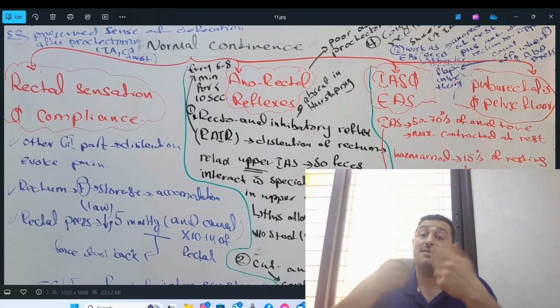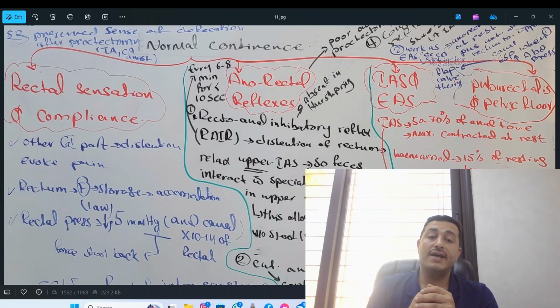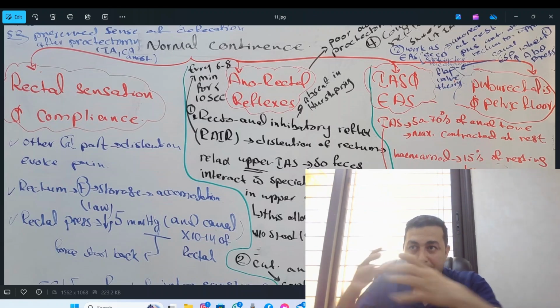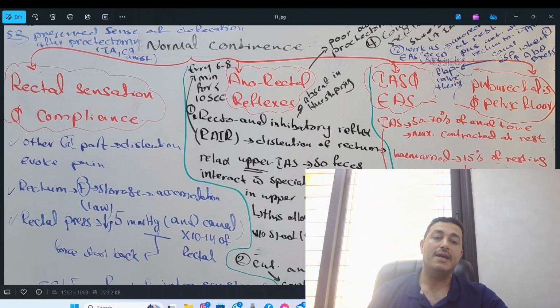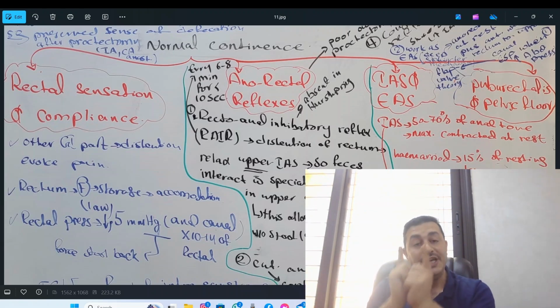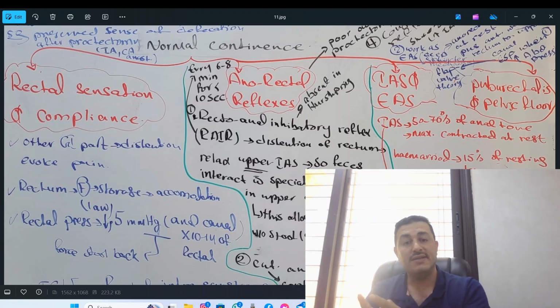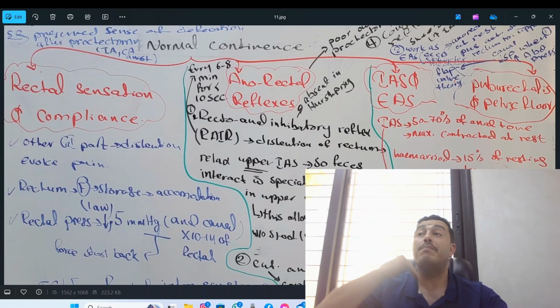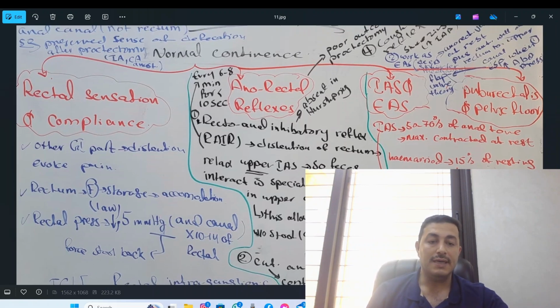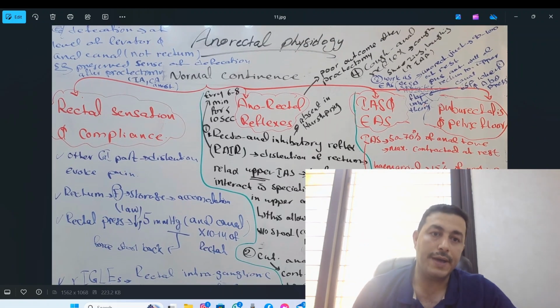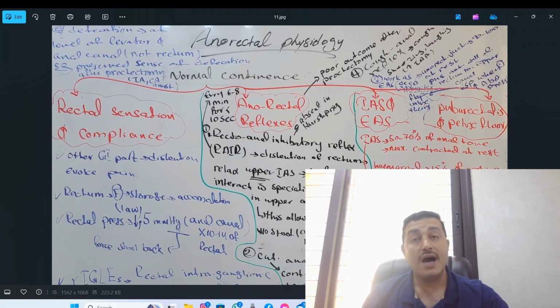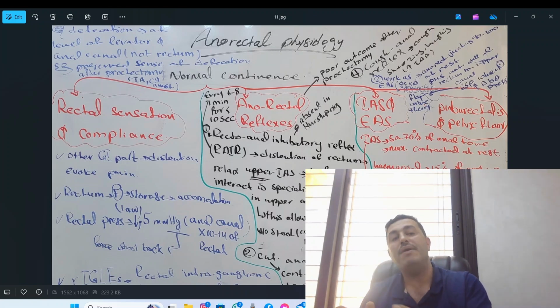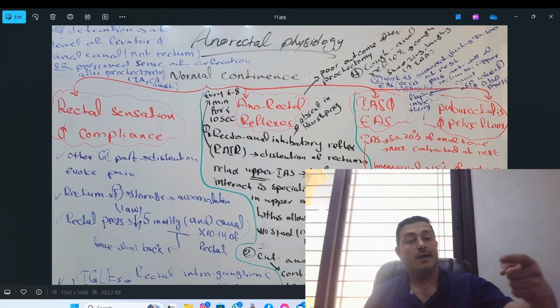It is excitatory to the colon and rectum, but it will inhibit and relax the external anal sphincter. Any injury to the external anal sphincter will cause not passive stool, but urge fecal incontinence.